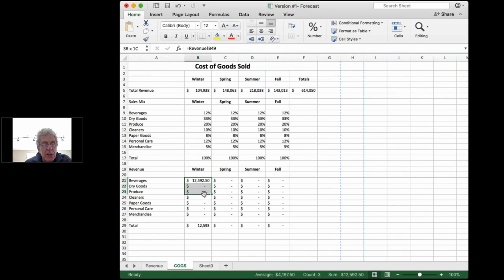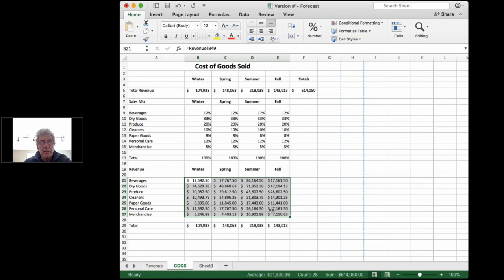I can copy that formula down with Command or Control D, and I can also take this across and hit Command or Control R. So now the information we dealt with on the revenue page, we now have on the cost of goods sold page.